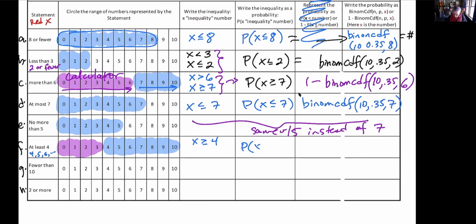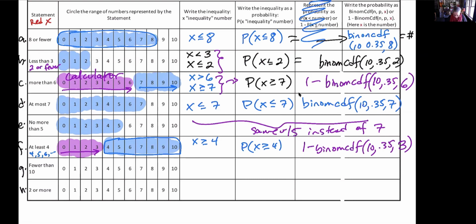So that would be the probability of X is greater than or equal to 4. But then in my calculator, I'm not going to put the 4. It's a complement. It's going to be 1 minus binomcdf 10, .35. And is it going to be a 4 or a 3? It's going to be a 3, because what I'm wanting to find is this. My calculator needs to find the 0 to 3.